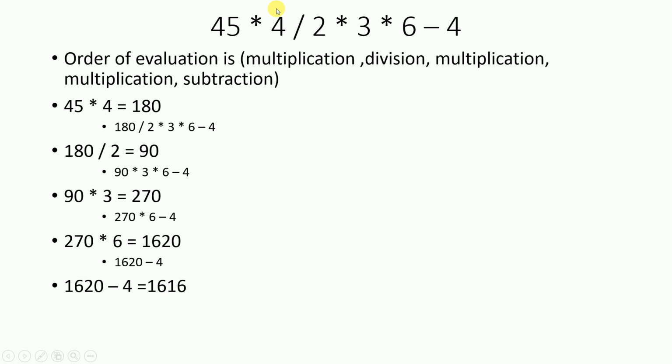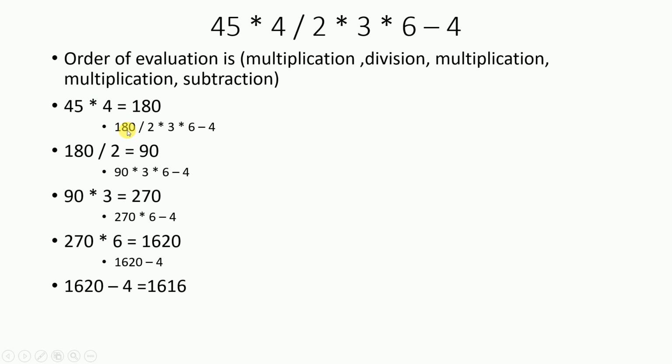So here we have a bit more complicated expression, but if we use PEDMAS rules, it's very simple to evaluate this expression. So here you have 3 multiplication and division operators and 1 subtraction. So we can understand that this subtraction will be performed at the end. Now all these operators have equal priority, so you have to proceed from left to right. And what is 45 into 4?